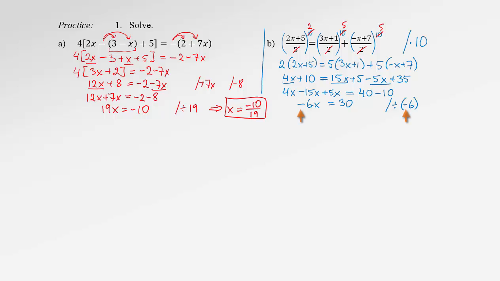We don't change this negative, because we are not changing subtraction into addition, we are changing multiplication into division by the same coefficient, negative 6. So x becomes 30 over negative 6, which equals negative 5.